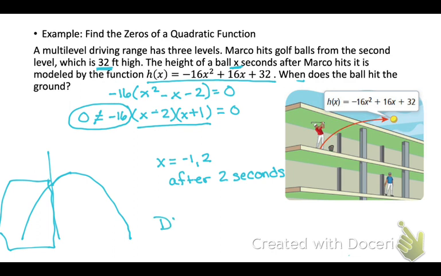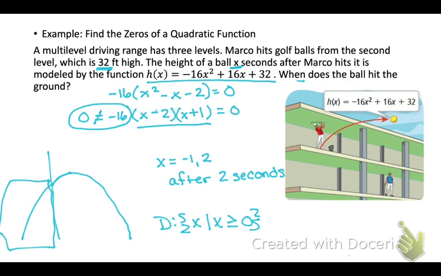What is the domain? x such that x is greater than or equal to 0, because I don't care about anything before 0 time. It already happened, can't change it. Remember I said quadratics are always all real numbers except in application problems. Be on the lookout for them to ask what the domain is on an application problem.